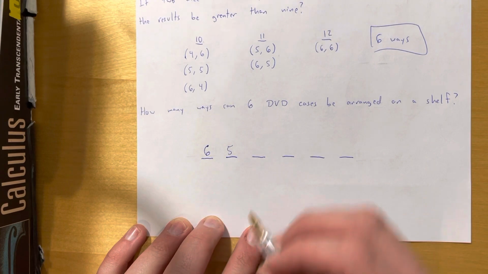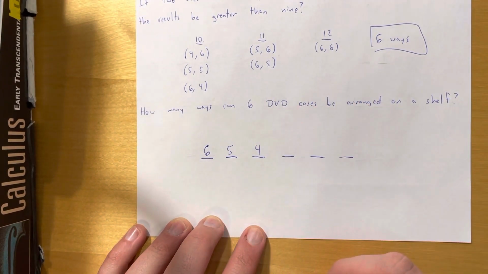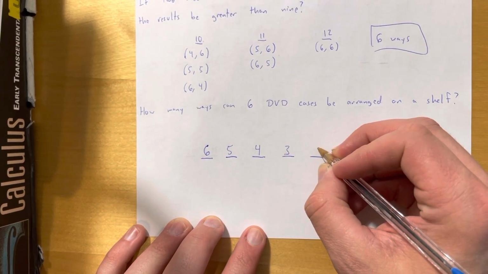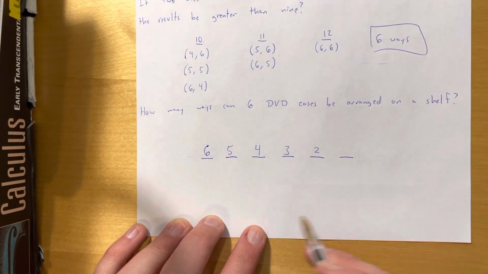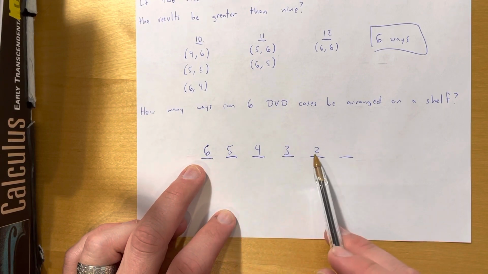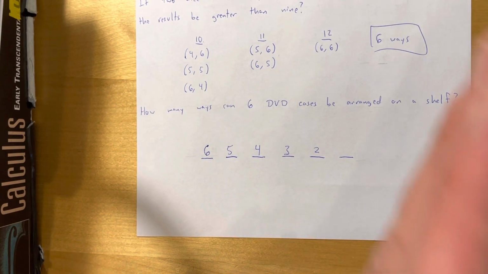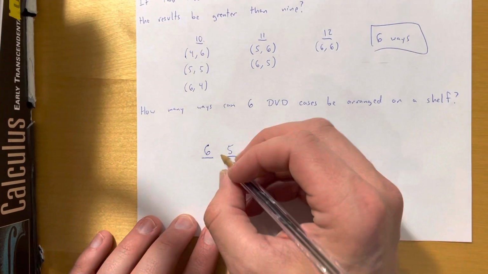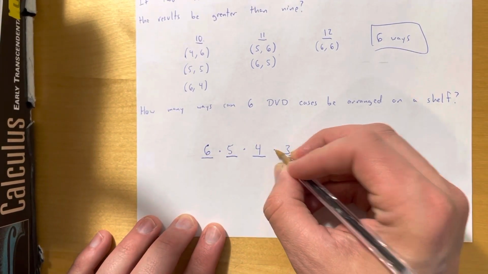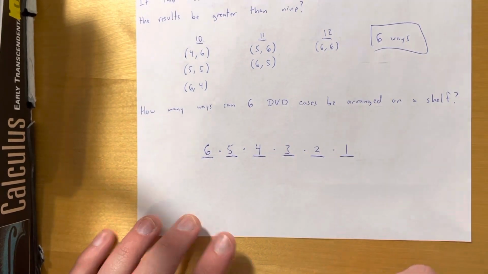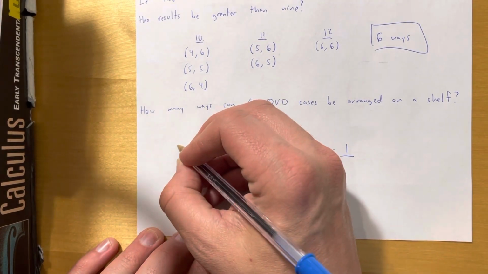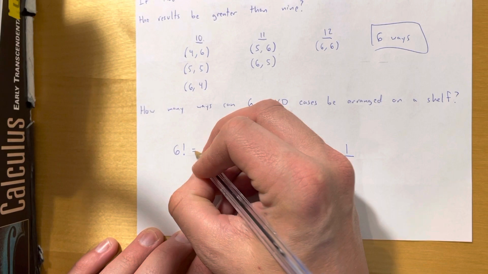Once I've placed a DVD there, that leaves me with 4 possible DVDs to put in this position, and then 3 left here, 2 choices here, and then once I have selected my first 5 DVDs, I'm only going to be left with 1, and that's the only possible DVD case that can go there. The fundamental counting principle says that I multiply these numbers together to get the total number of arrangements of these DVDs. Notice, however, that that's the same thing as 6 factorial.